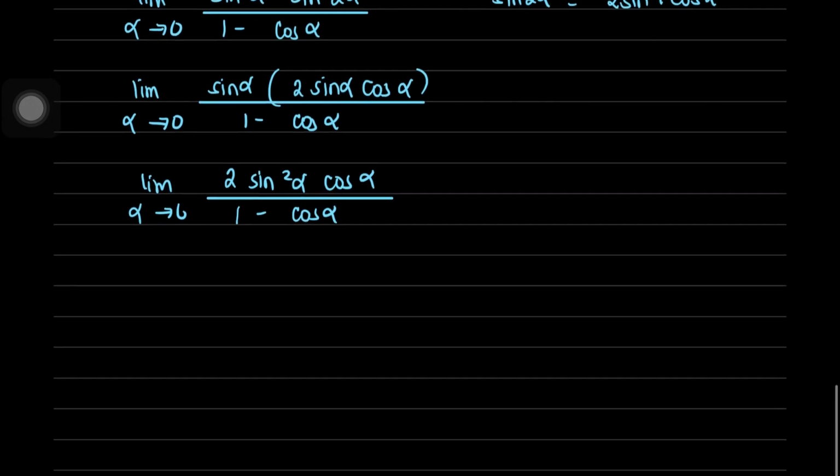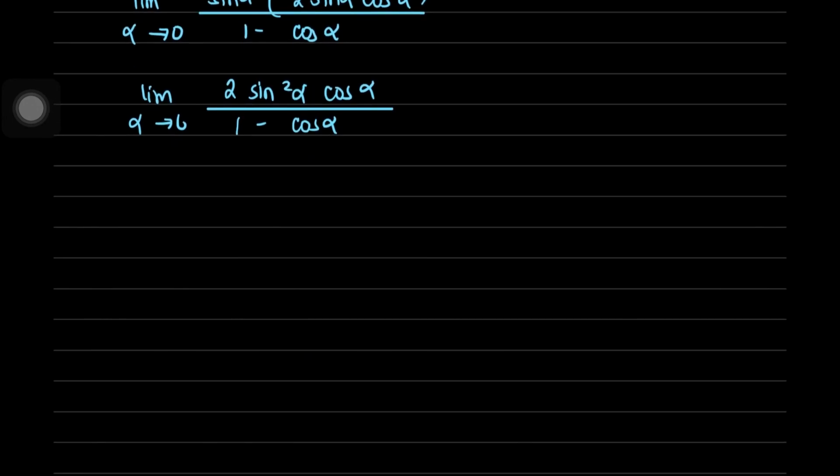This is what I'm saying when it comes to simplification of rational fractions. You might be thinking of canceling out cosine alpha here and cosine alpha here. No, you cannot cancel them out, because cosine alpha is not a common factor of the numerator and the denominator.